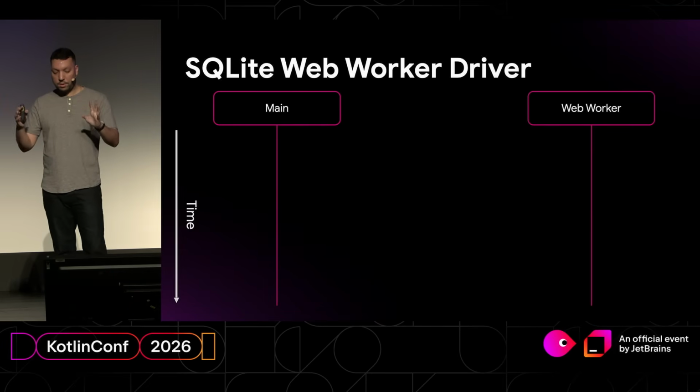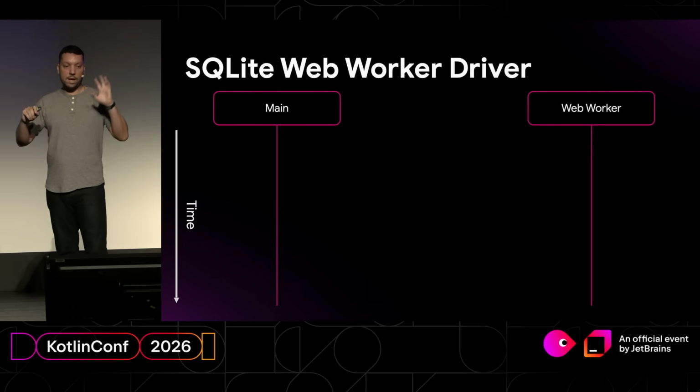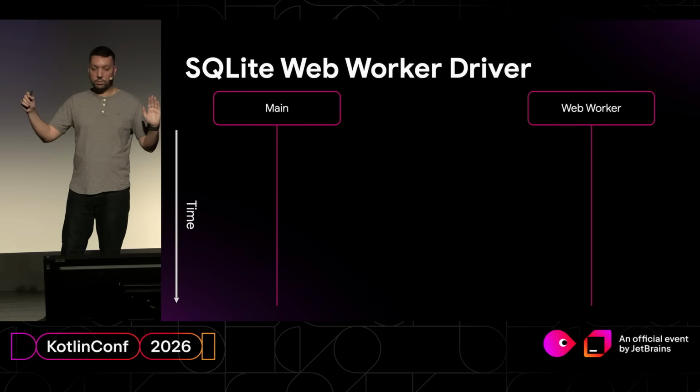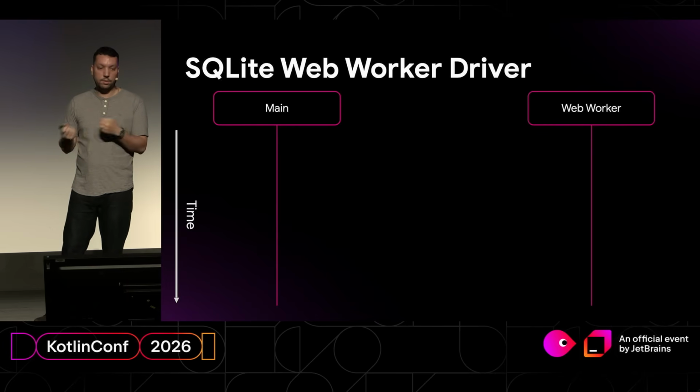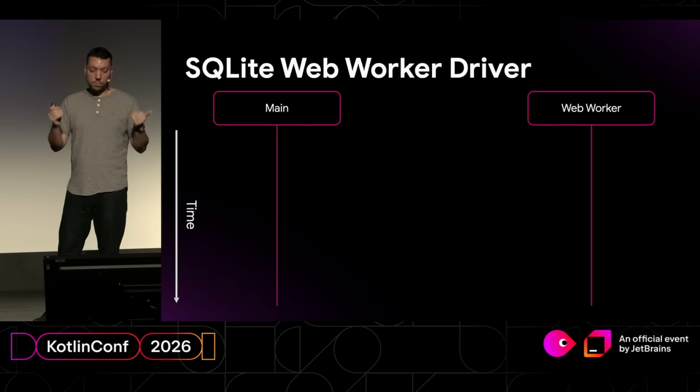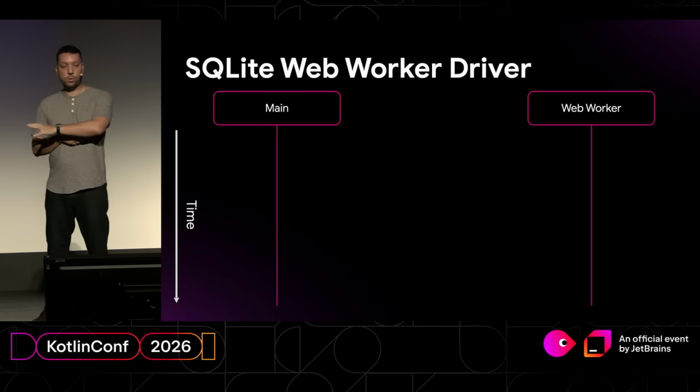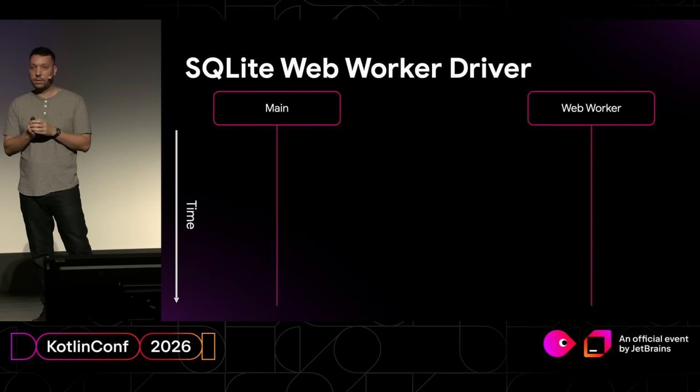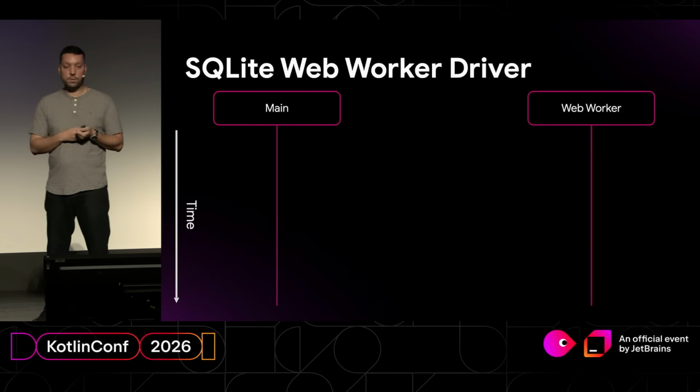Now, I mentioned a web worker is a script that runs and starts on a background thread. So we have what we call a main thread and a worker thread. How do the two communicate and how do they work in terms of database operations in Room? Well, we implemented a driver that bridges into the worker. And as long as they talk in a small messaging protocol, they'll be able to do things together.